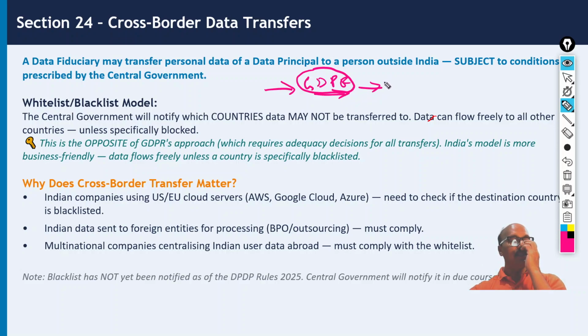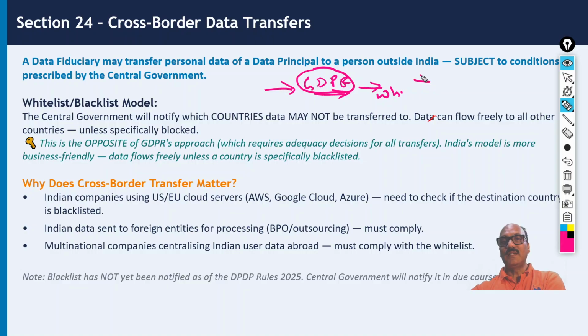For other countries, additional requirements beyond that will be considered, apart from the predetermined list of countries which the European Union already agreed to; data will flow to them. And those countries which are not predetermined have to follow additional responsibilities. Quite different from the Indian list. We call that a white list.